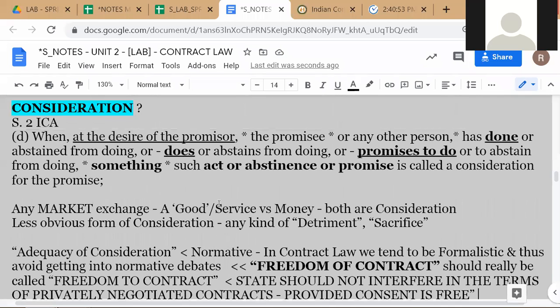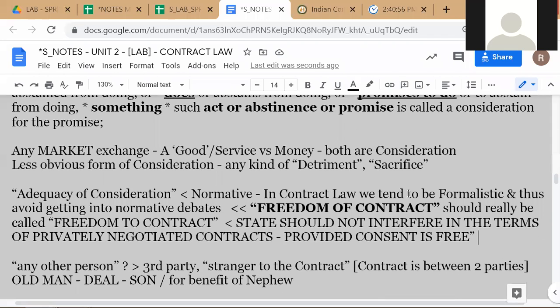But in the more intelligent countries where the policy making is much more intelligent, they don't interfere. We say that if two people have agreed to enter into a contract which looks like a speculative gambling contract, but nobody held a gun to anybody's head, these are free people. They have entered into a contract. If they want to speculate on something, let them do it. And why should the state interfere?